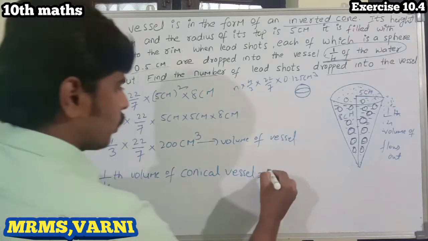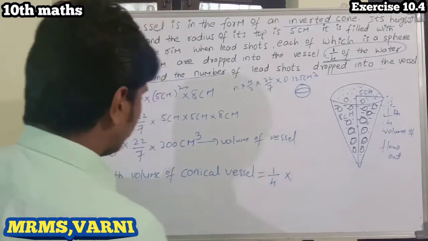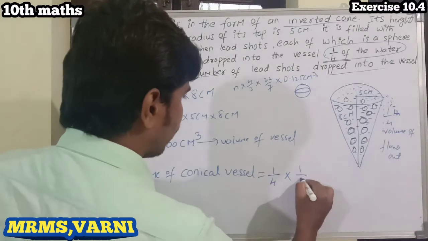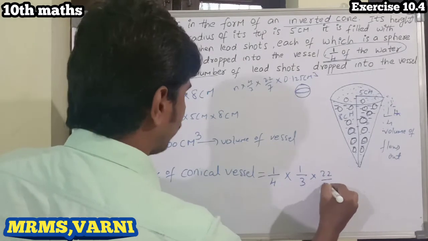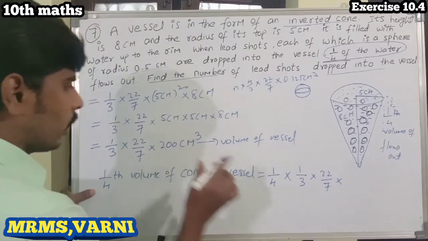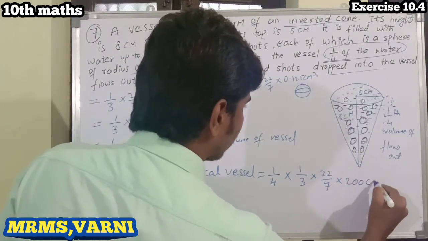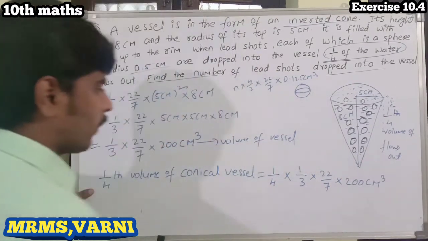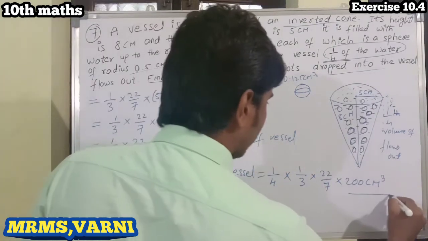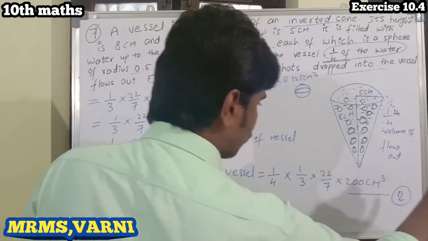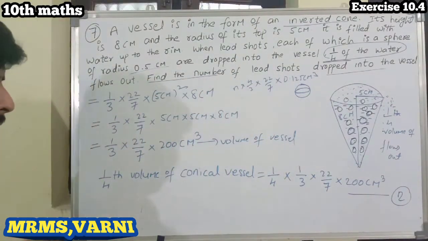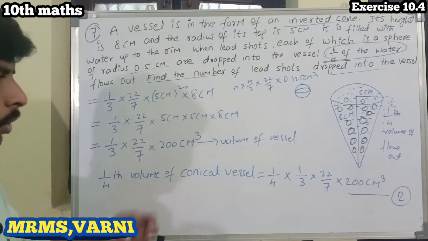So 1 by 4 into 1 by 3 into 22 by 7 into 200 centimeter cube. Consider it is equation 2.